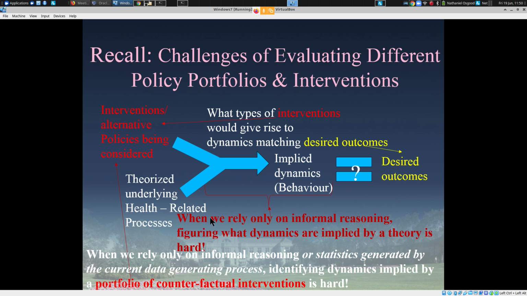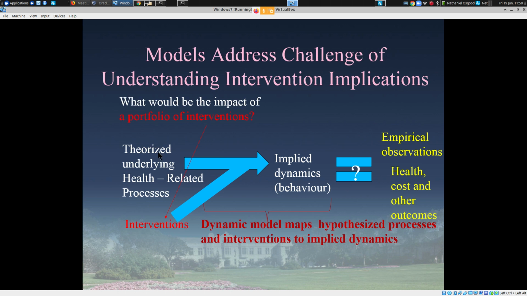Instead, what models do is they take us out of the sphere of informal reasoning, and they basically allow us a principled way to be precise about our assumptions, about our theory, and to ask our questions about the interventions in a consistent way, with strong consistency, guaranteed by the dumbness of computers executing certain rules again and again and again.